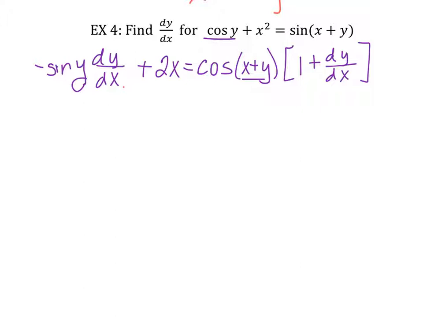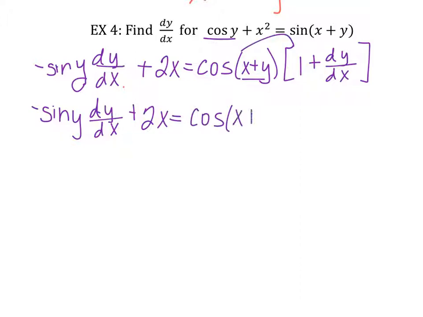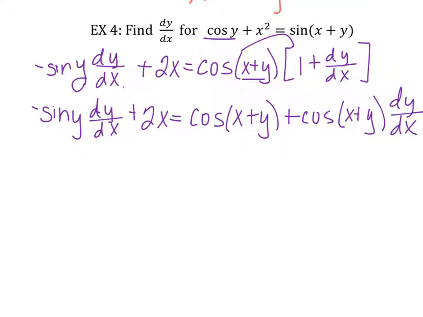Now, it's my suggestion, I see dy dx, but I have this multiplication, so I'm going to multiply this out. On the left, I'm really not doing anything. But on the right, I'm distributing this, so I have cosine of x plus y times 1, so it's just cosine of x plus y, plus cosine of x plus y times dy dx.